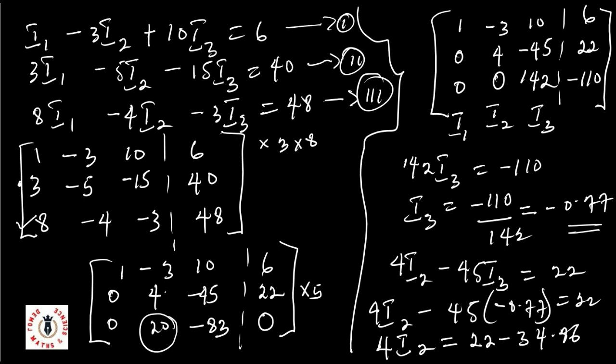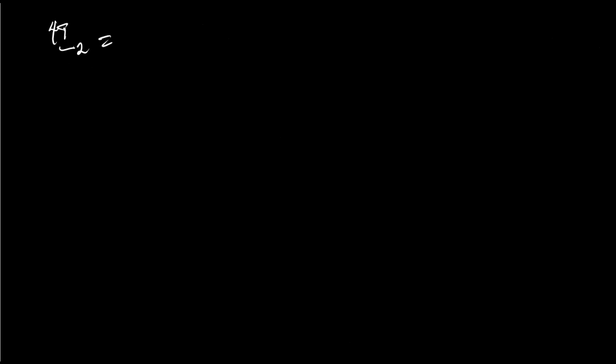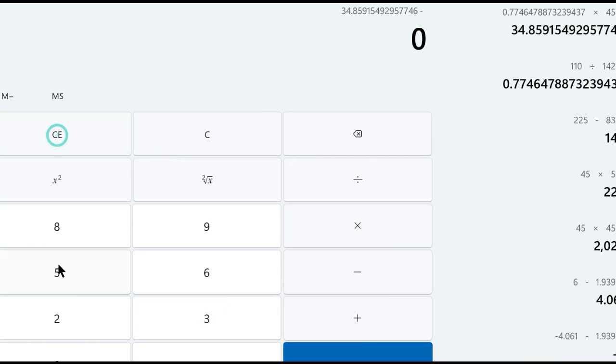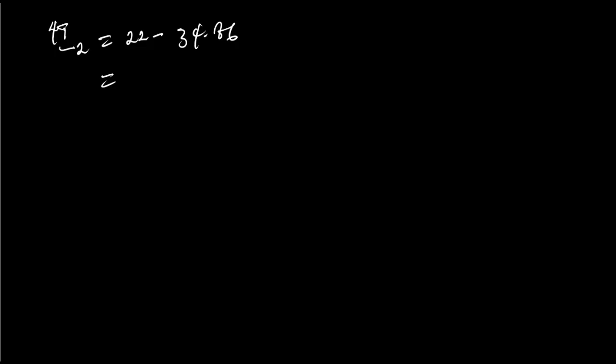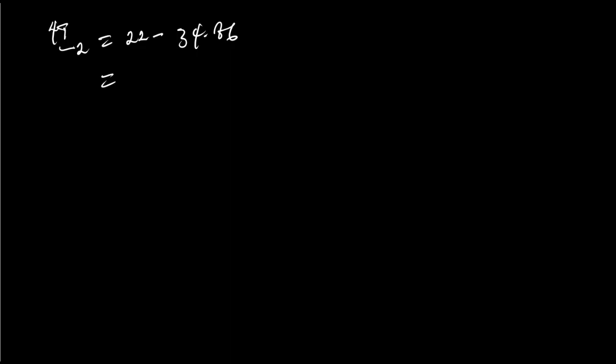Now, so that's 22 minus 34.86, that is 4 I2 equals 22 minus 34.86, which is equal to minus 12.86.